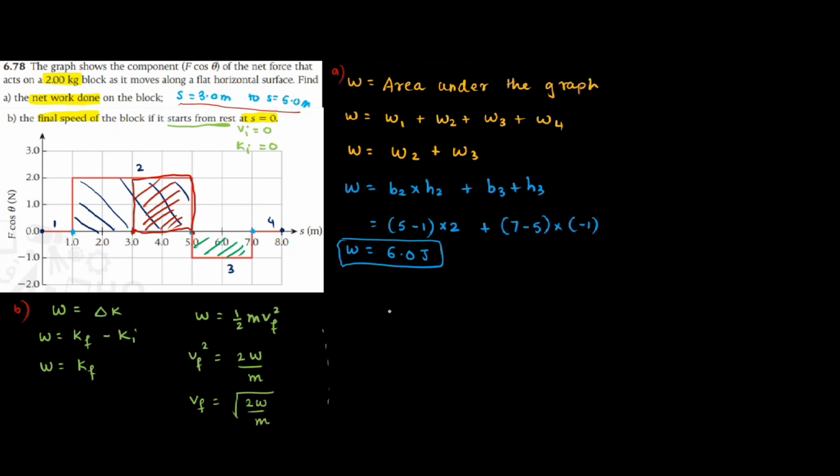Now we can substitute: v final equals the square root of work, which we have already calculated in part A, 6 joules, divided by the mass, which is 2. When you calculate this, you get your v final as 2.45 meters per second.